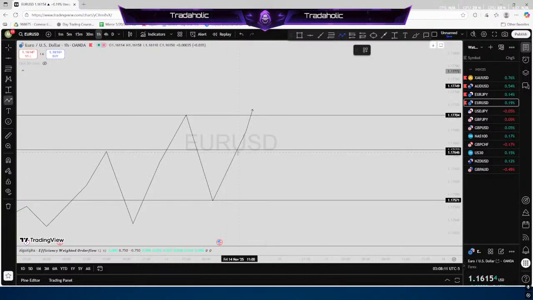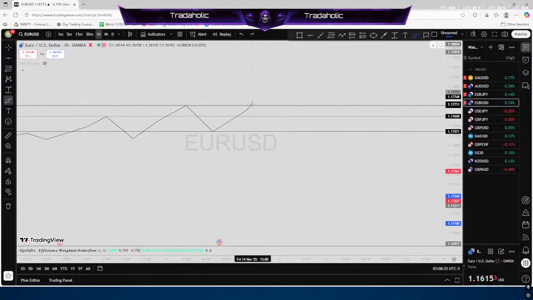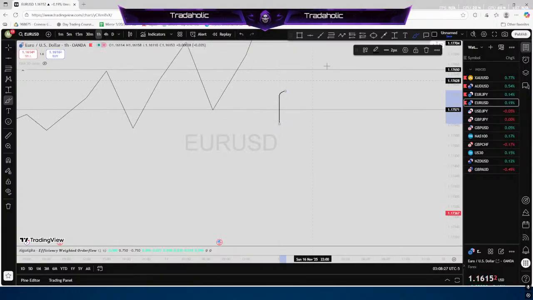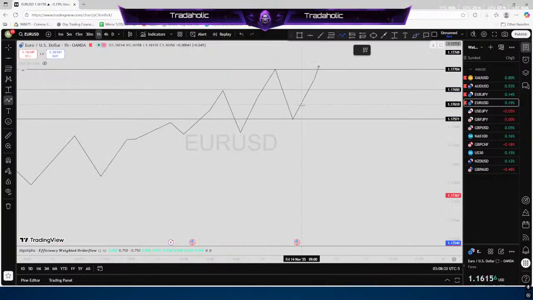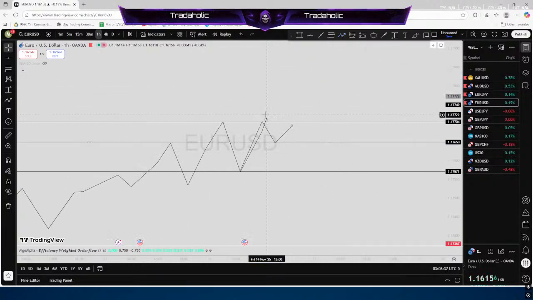I will either wait for a break of previous high, which would be this high over here, a retest and a trend continuation to give me this higher high, higher low, buying at a higher low, for price to potentially come up and make a new high. Or I'll wait for price to pull back into previous highs for a trend continuation, anticipating that we are going to make this break, retest, and continuation.